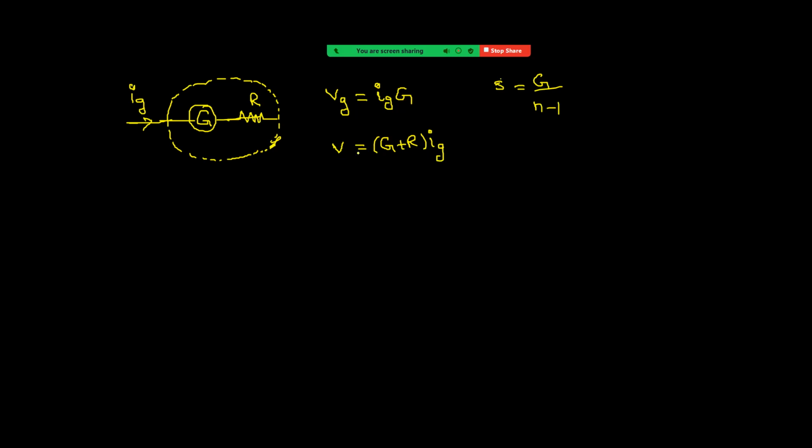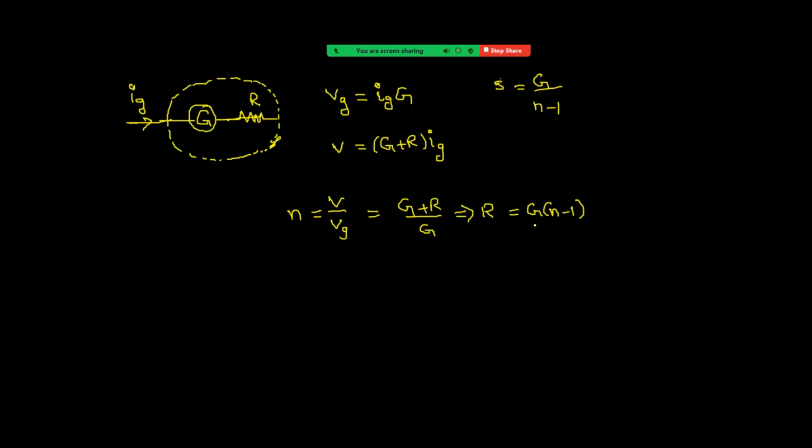I am taking the ratio, or in place of Ig, writing Vg by G. Then this becomes V by Vg equal to G plus R by G. I'm taking this as N, meaning its range has become N times, meaning it is now able to measure N times the potential difference that was measured earlier. So from this, R equal to G into N minus 1.